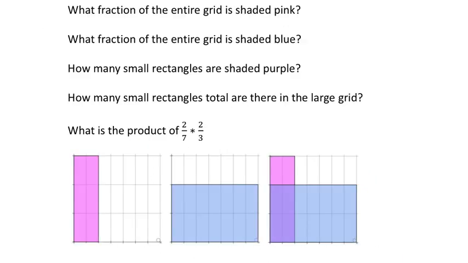All right, for problems like this one, which again you're going to expect to see, we have 2 different shapes here. Well, 2 different parts that when we combine, we get this area right here. And so you got pink, you got blue, and then once they mix, you get purple. So what fraction of the entire grid is shaded pink?